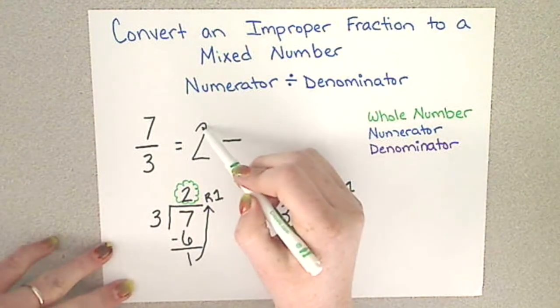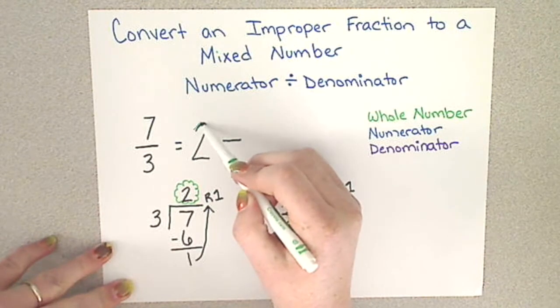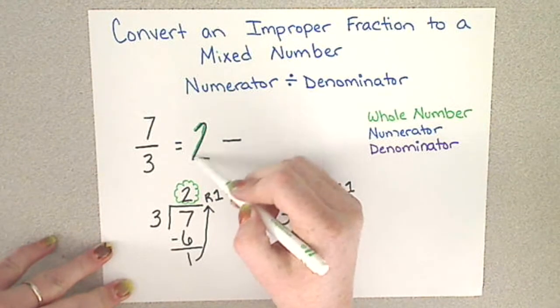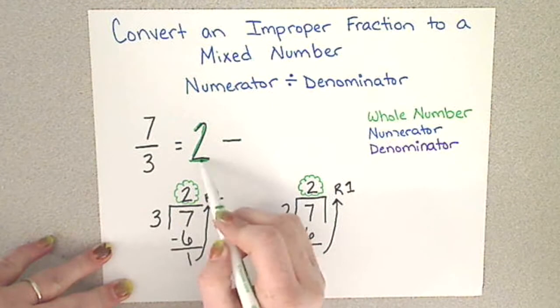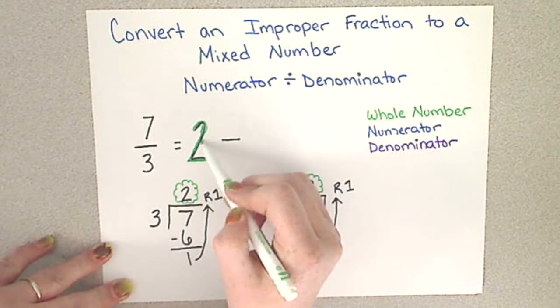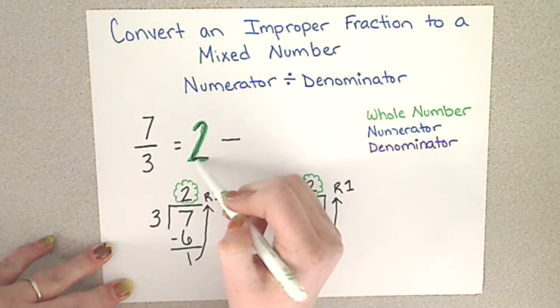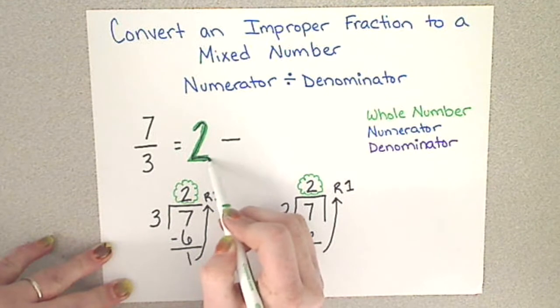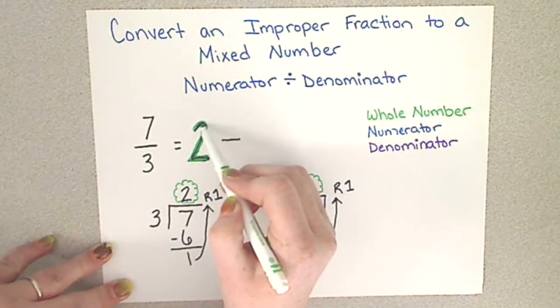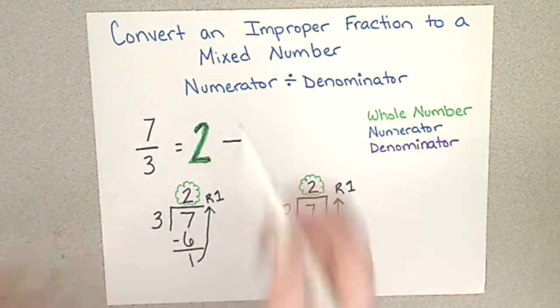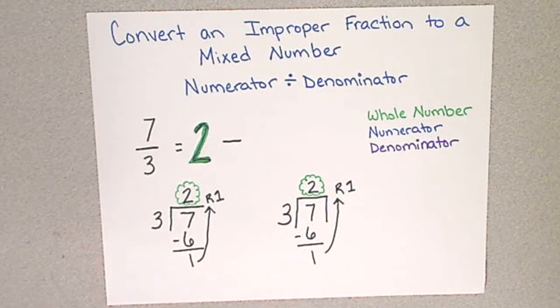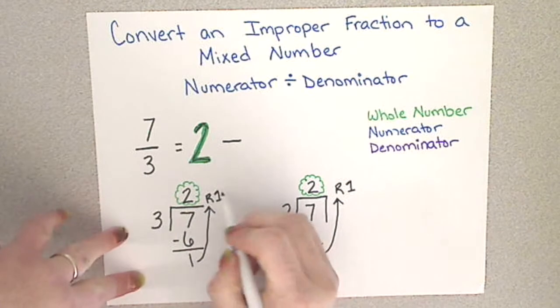And I can even highlight that 2 a little bit just so that you can make that connection. Our numerator is our remainder.